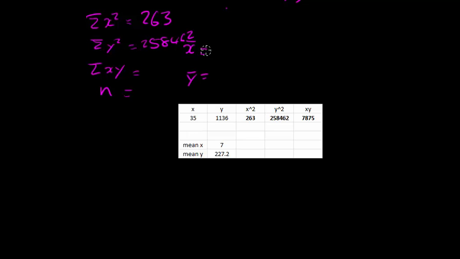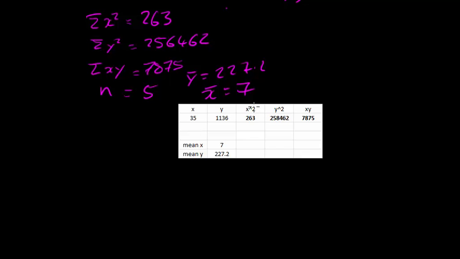Let's just tidy it up a little bit. 258462, 7875, and there's 5 people, and the mean of y was 227.2, and x bar was 7. Then I'm going to plug them in.